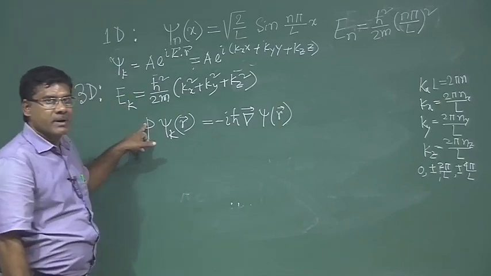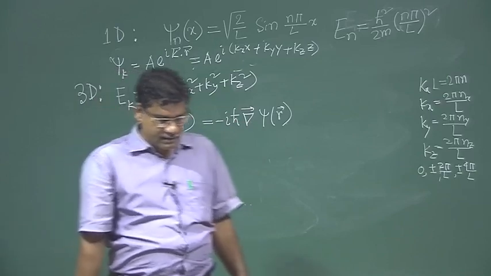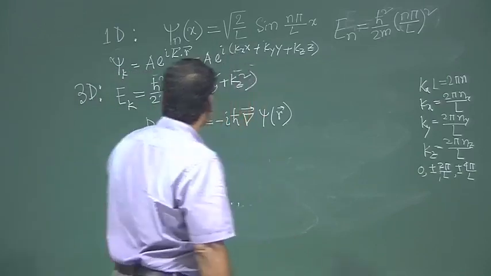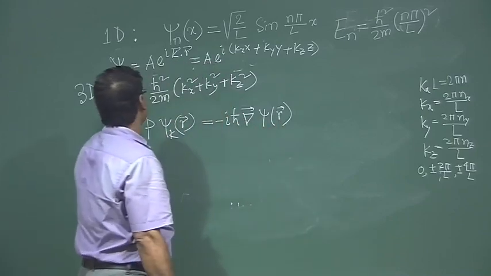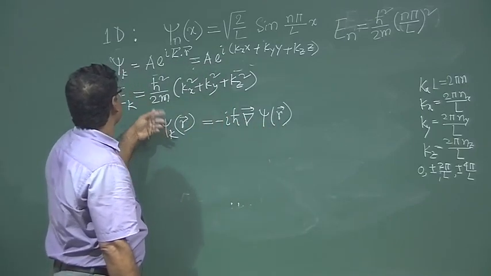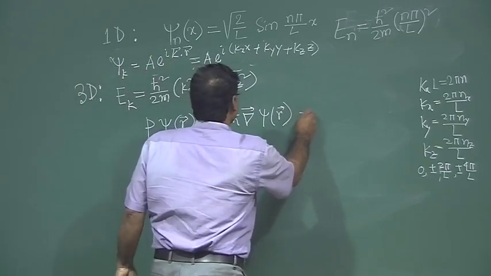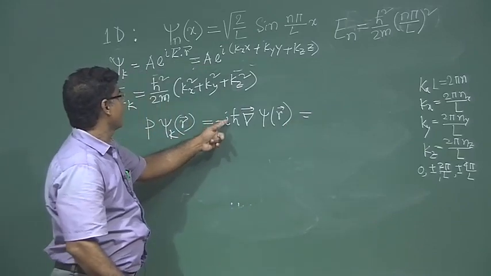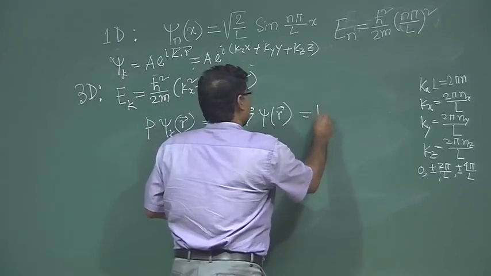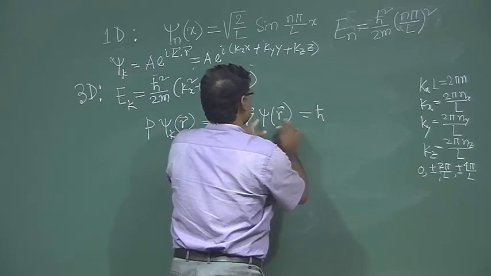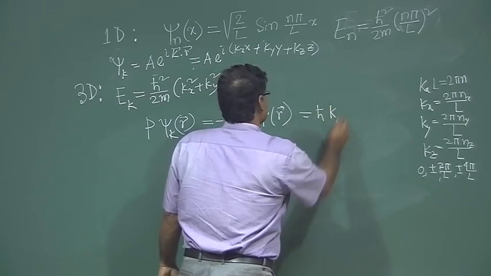This P is the momentum operator, and its form is minus i h cross del. So, this will give you k, basically i k. So, i square is minus 1.